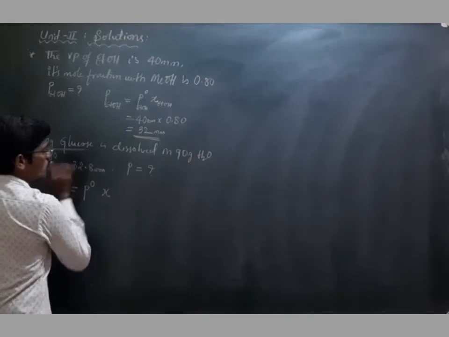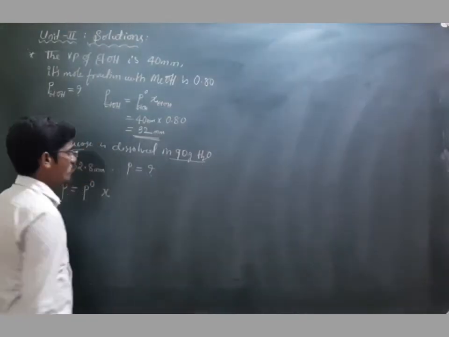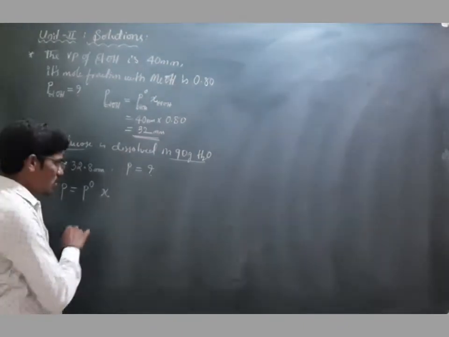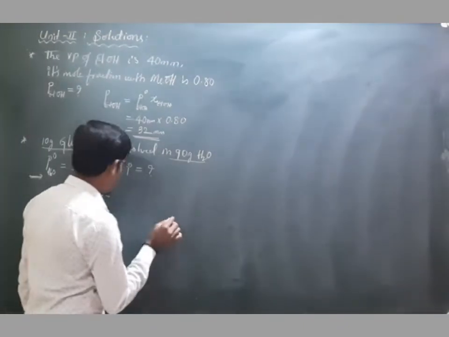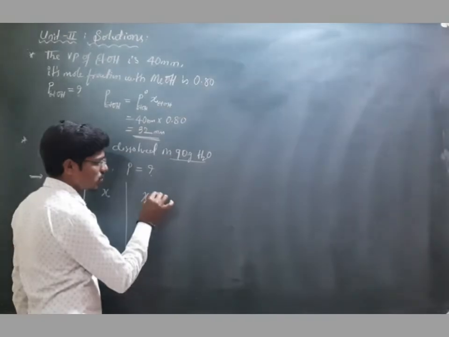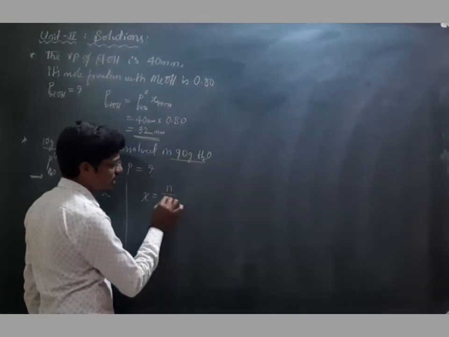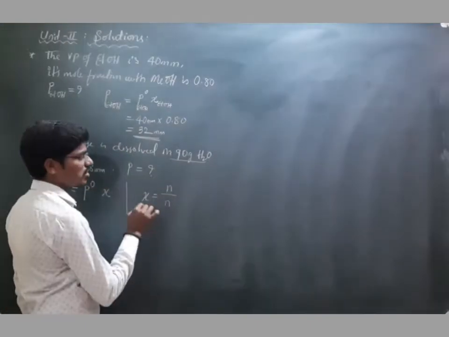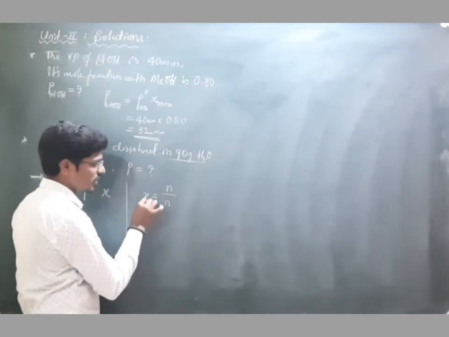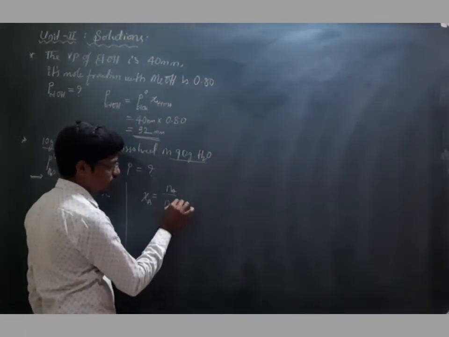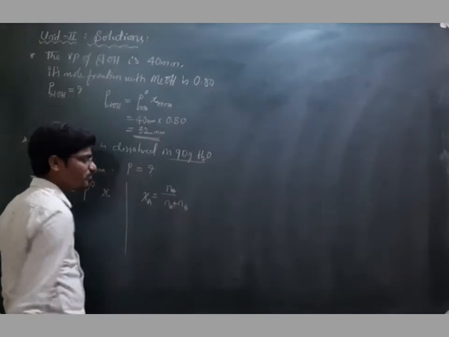10 gram of glucose is dissolved in 90 gram of water. I want the mole fraction. So what is the formula for that? We know that mole fraction is equal to number of moles of that component divided by total number of moles. So here mole fraction of water, that is component A, is equal to Na divided by Na plus Nb.